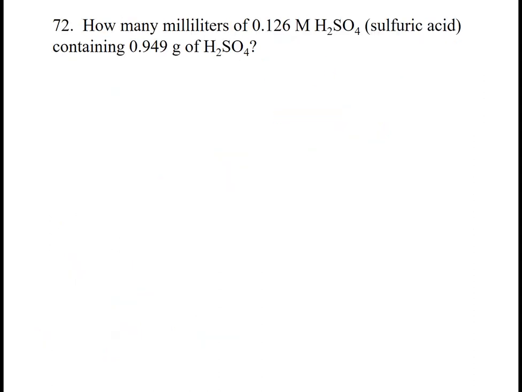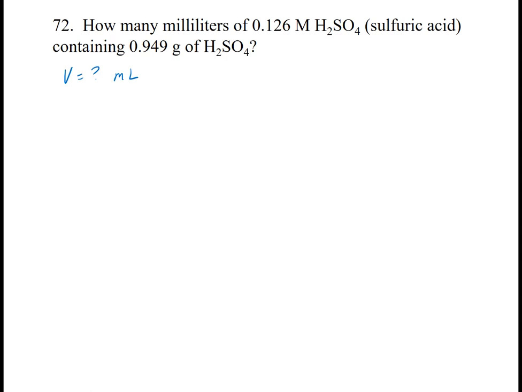If you want to pause and try this one, that's good. Okay. This time it's asking for how many milliliters, and milliliters is a unit of volume. So volume is what I don't know, and I want it in milliliters. I'm putting down what the units are because it specified it.